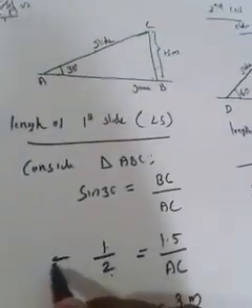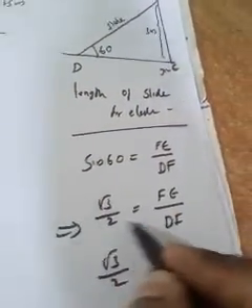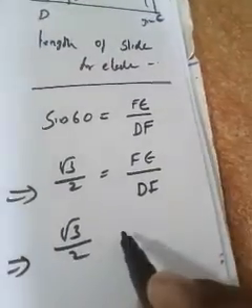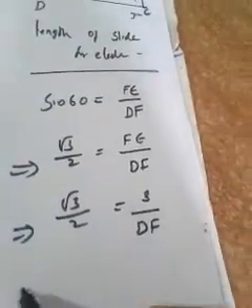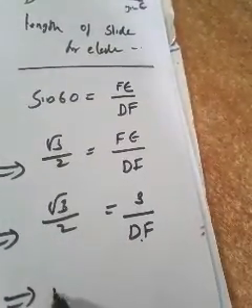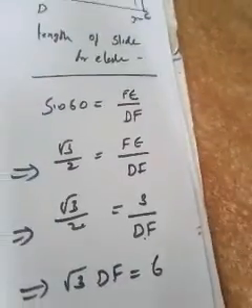So in between you can write implies, that is necessary. This step implies this step implies this. Root 3 by 2 is equal to, what is FE? 3. DF is what we need. When you cross multiply, root 3 into DF will be root 3 DF. What is 3 into 2? 6. Then what is DF?